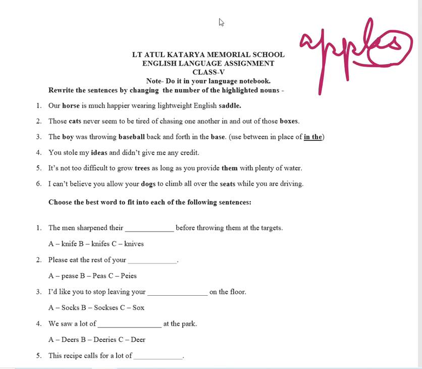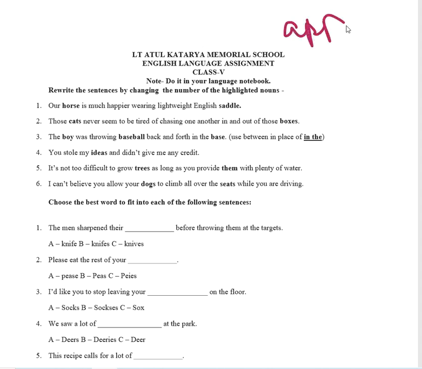If I write this, it means it will be only apple. So when I talk about the plural form of apple, that is apples, then what will I write? These apples. So children, you have to understand that when we change a sentence from singular to plural or from plural to singular, there are certain other changes also which we need to make.